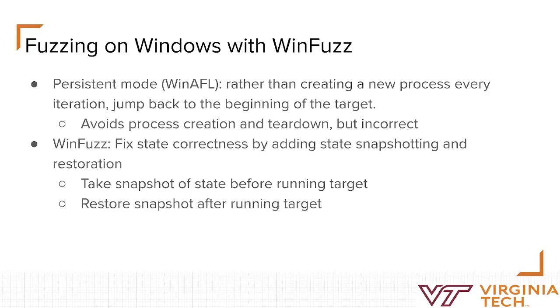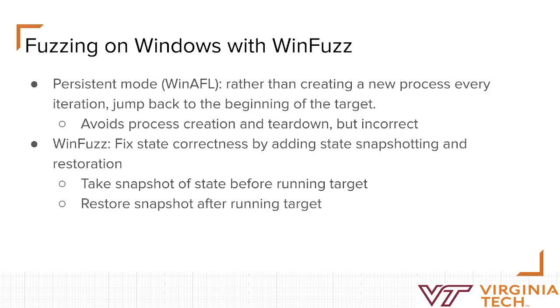But the problem is, if during program execution we change any of the program state, like global variables or anything like that, those changes will persist because we're not tearing down and creating the process anymore. We're not reinitializing those global variables. So those changes persist across runs, which translates to persistent mode being incorrect.